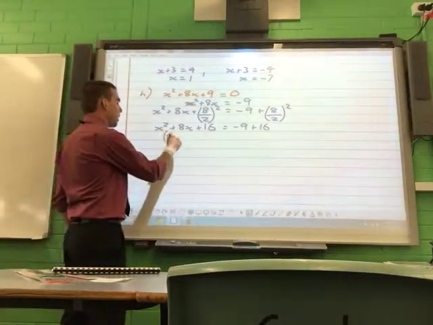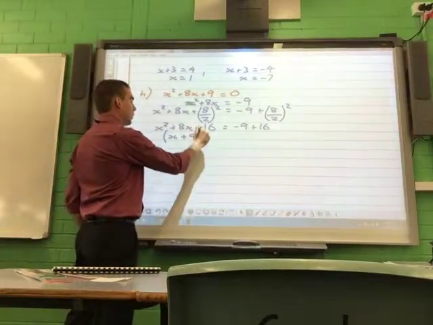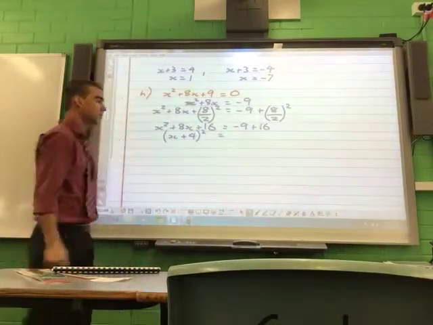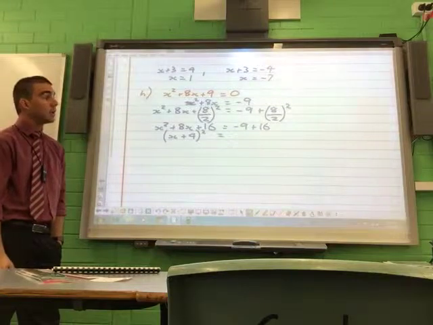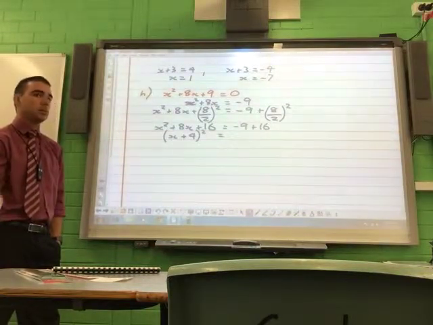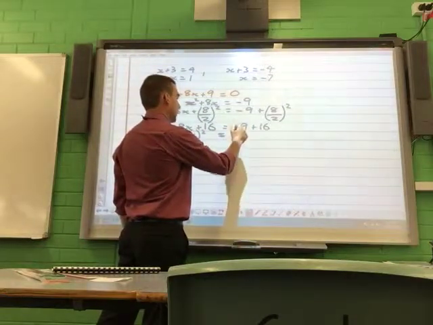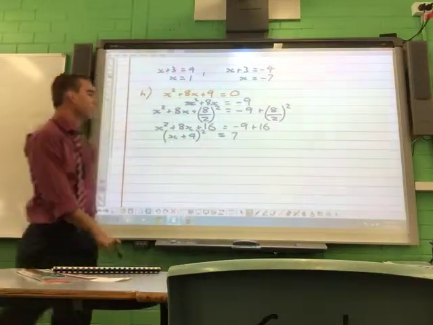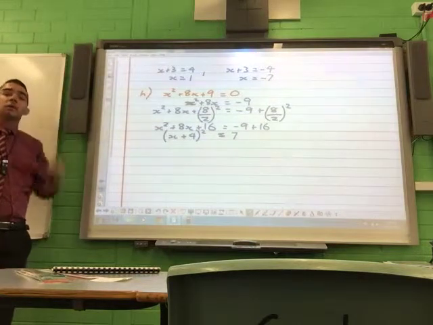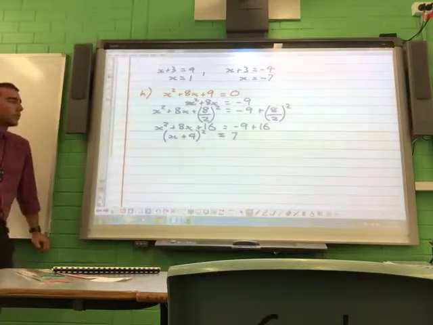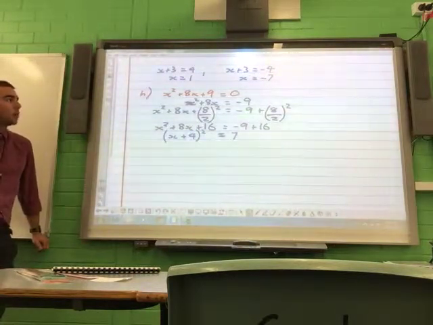It's the same number. So x plus 4 all squared. The negative 9 plus 16, which is the same as 16 take away 9, we've got 7. And this is why we complete the square, because there's no way we can factorise it at the original step.